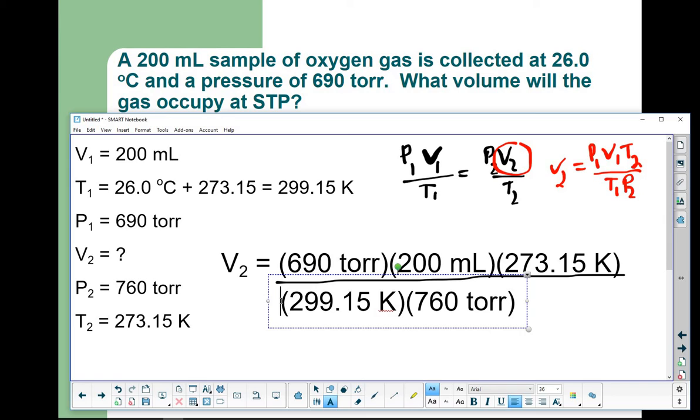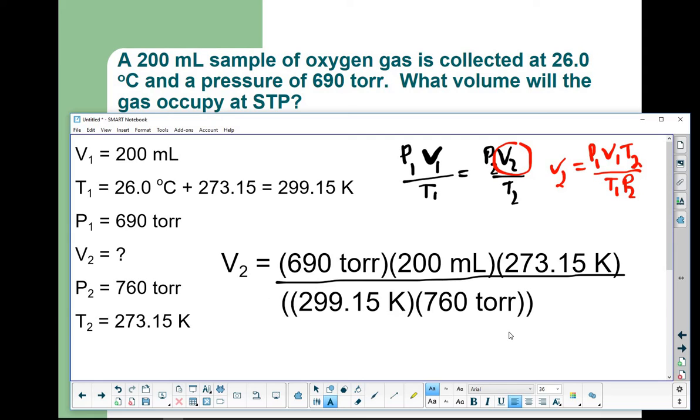On this one I need to make sure that I put parentheses on the outside of the denominator, so I make sure that when I multiply it through I've got it.